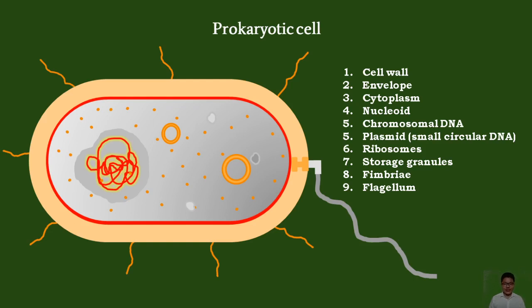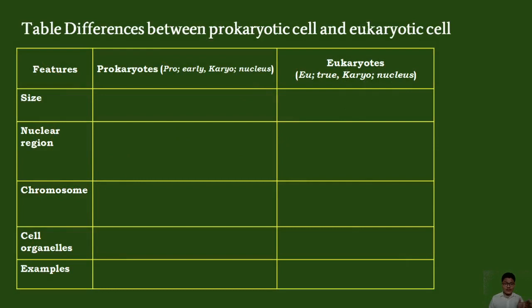Right. Now, on the basis of our understanding and observation of plant cell, animal cell, and prokaryotic cell, we can distinguish between prokaryotic cell and eukaryotic cell. This table displays the differences. In the first column we have features, in the second column the content for prokaryotic cell, and in the third column for eukaryotic cell.